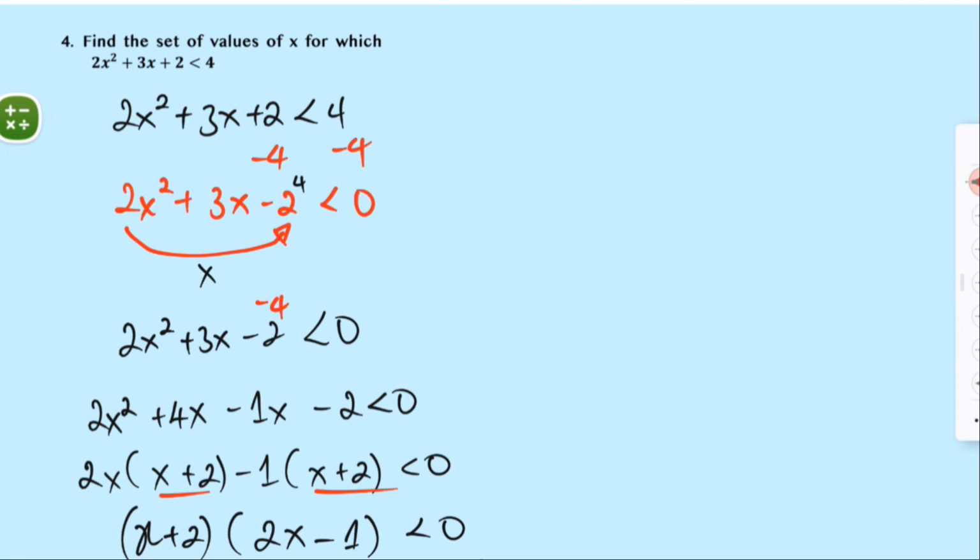Okay, next we have x would be -2, or we have x equal to +1 over 2, divide both sides by 2. So in this case, we can rewrite the inequality. We always have to start with the smaller one. So -2 has to go first.